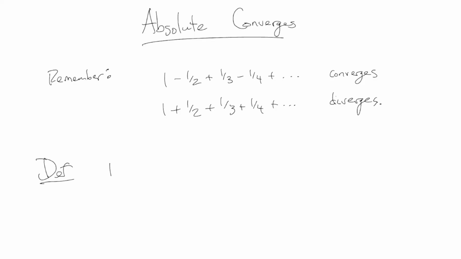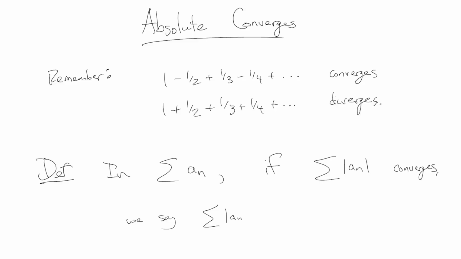If I'm looking at a series like this, if the series of the absolute values converges, we say the original series, the sum of a_n, is absolutely convergent.